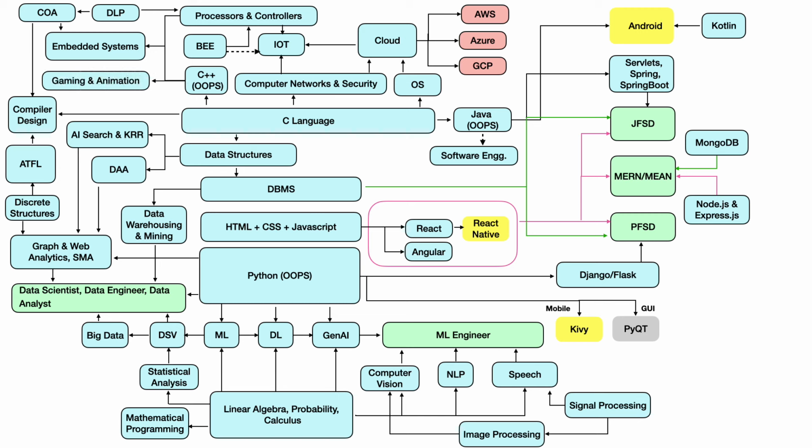And we have gaming and animation, which is one field where game development can be done. C++ is mandatory for game development, and these are other libraries which we use when we implement or do it in practicals.